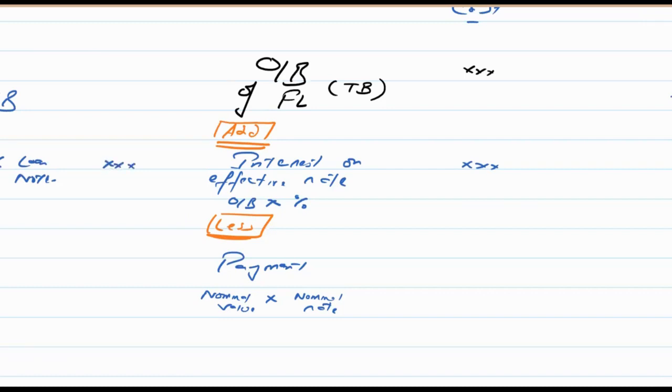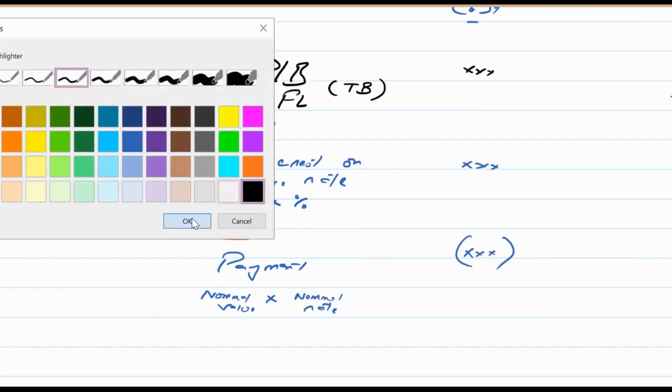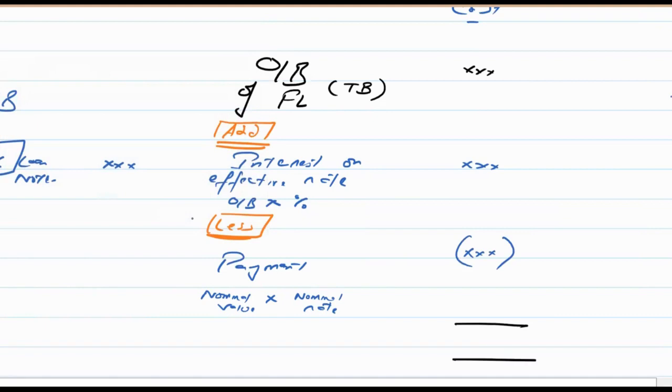So this 6% is actually the nominal rate. So you take nominal value into nominal rate, and then you get the payment. You deduct it. Then you get the closing balance of financial liability.